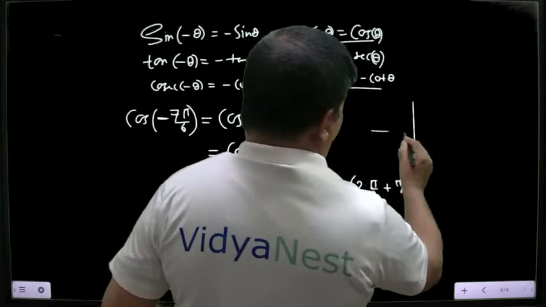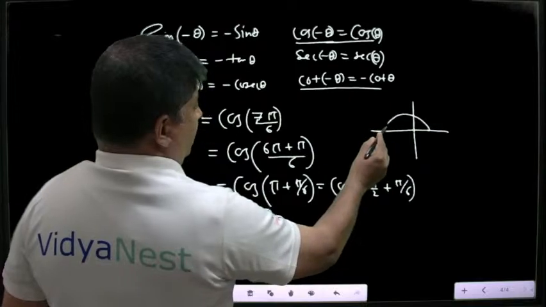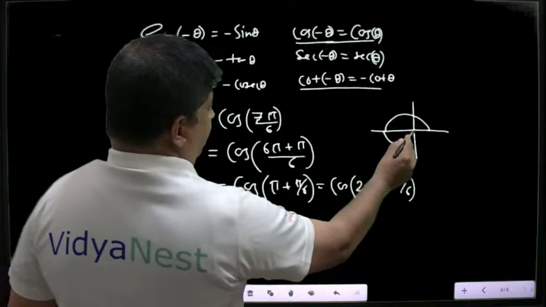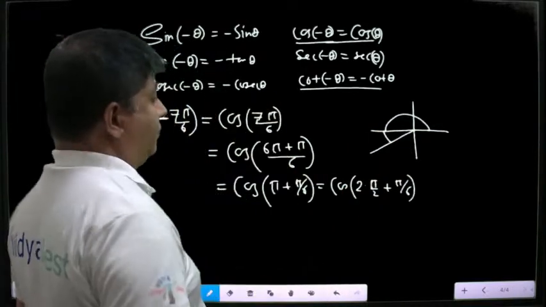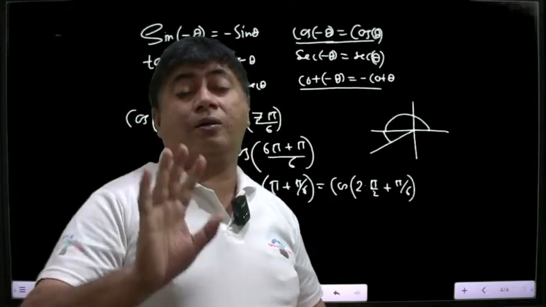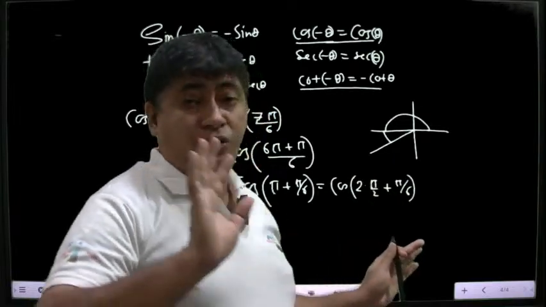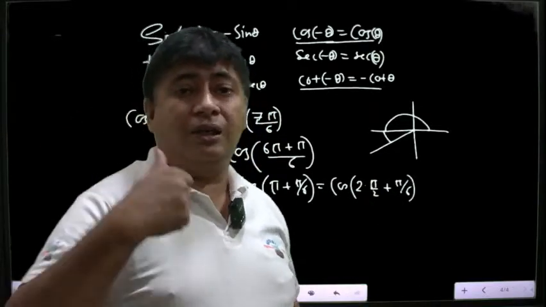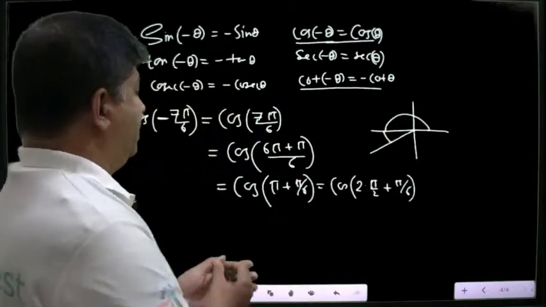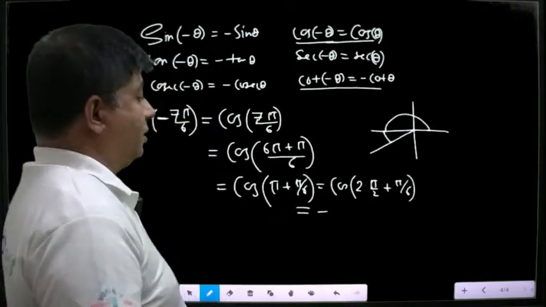Pi plus pi by 6 means it rotates anticlockwise by pi, then pi by 6, so third quadrant. And we know third quadrant means tan and cot are positive, and the other ratios are negative. So without hesitation put minus.